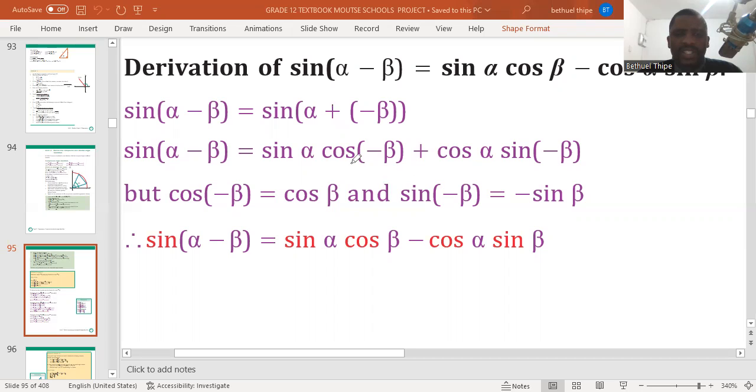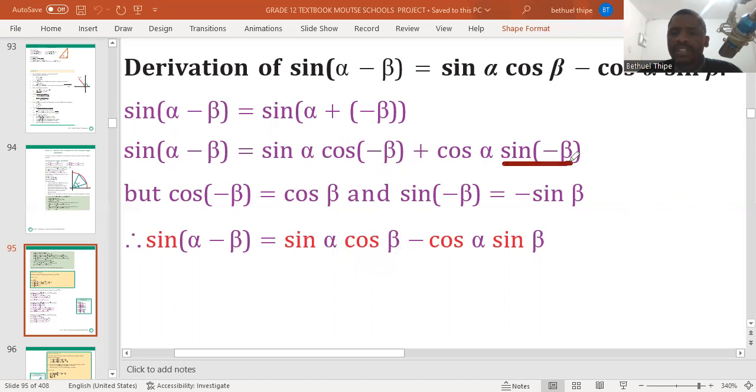When we proceed, we notice that cos of minus beta will always be positive because cos is even. When we say cos is even, that is because cos is in the 4th quadrant, and in the 4th quadrant, cos is always positive. That is why here we have positive cos beta.